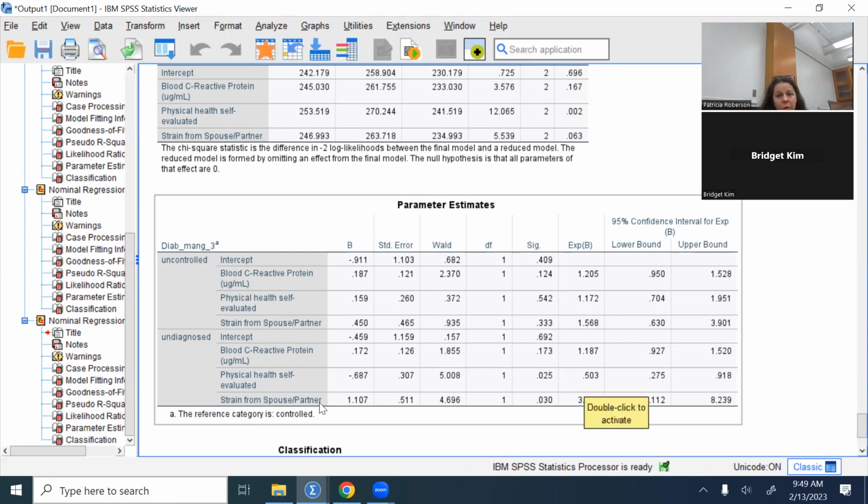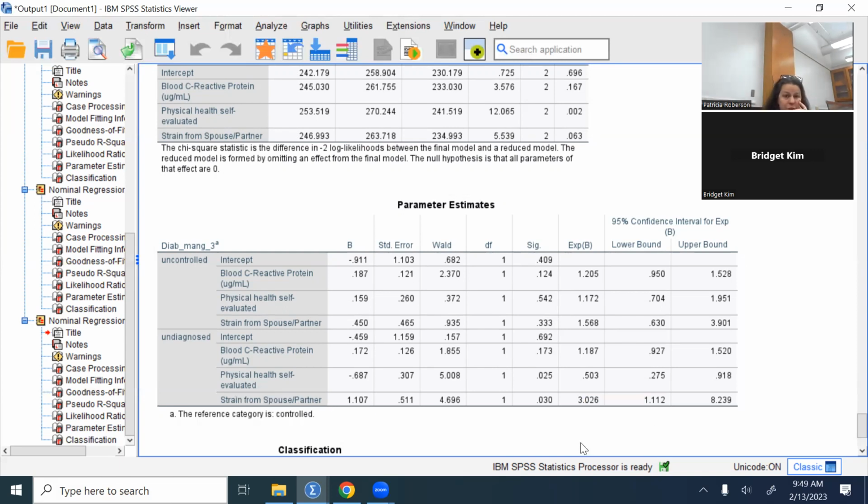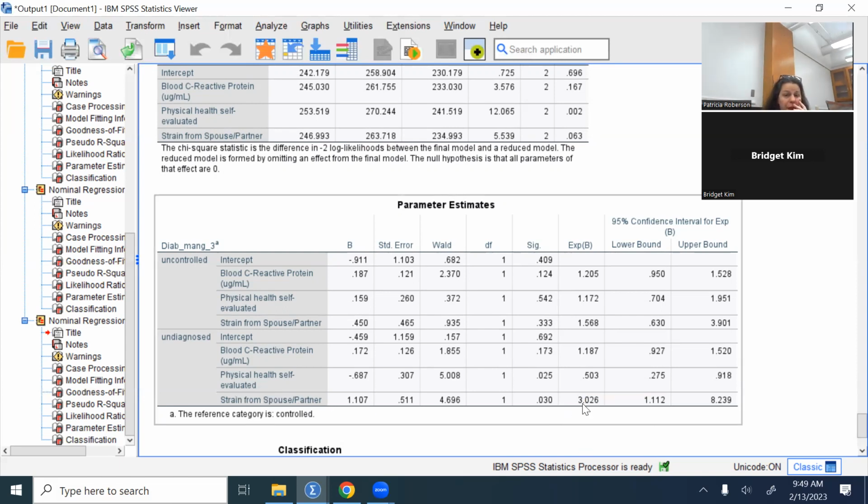And then for strain from a spouse, like a stressful romantic relationship, you have a 200% increase in the odds of having undiagnosed diabetes compared to controlled. So remember, when we're doing these comparative interpretations, we always have to tack on that compared to. Otherwise, it could be interpreted as compared to the rest of the world, right?